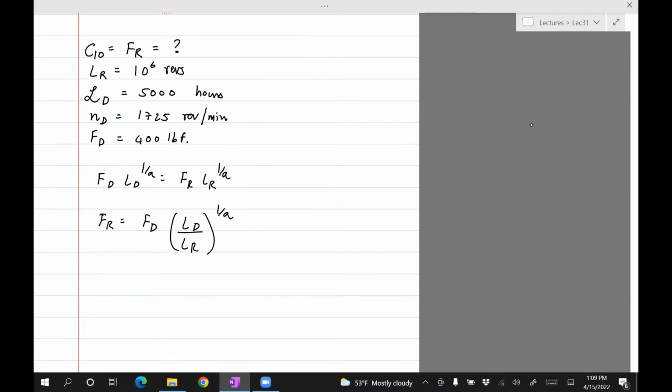And since we're not quite given L_D, but we're given the abbreviated L_D, let's just sub that in: L_D times N_D times 60 to convert the minutes to hours, to the 1 over a, divided by L_R.